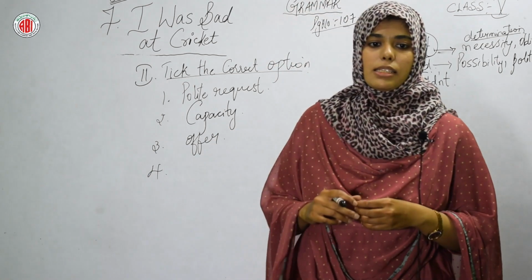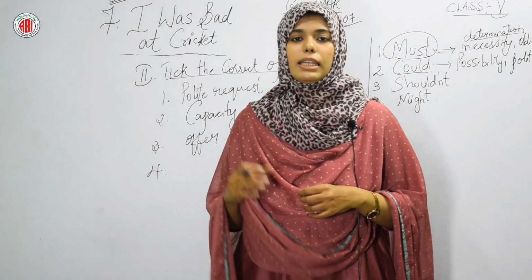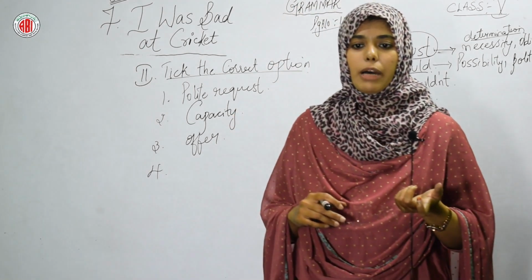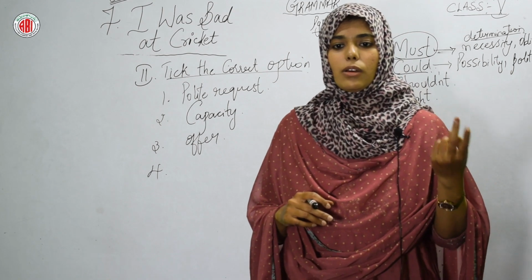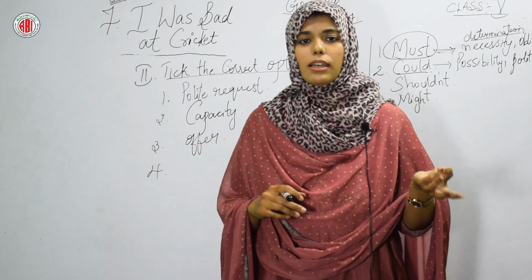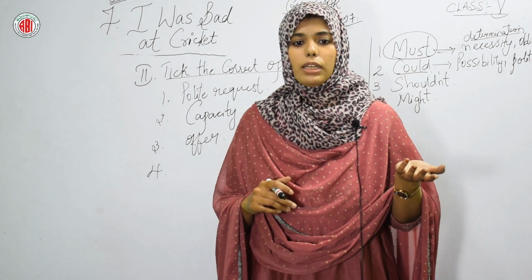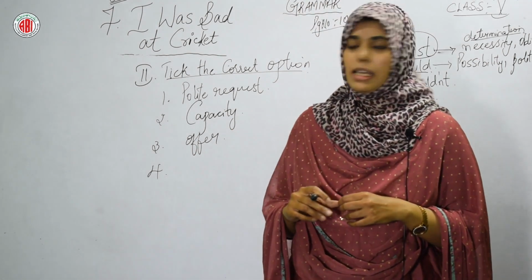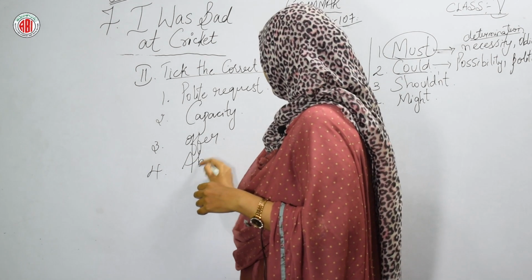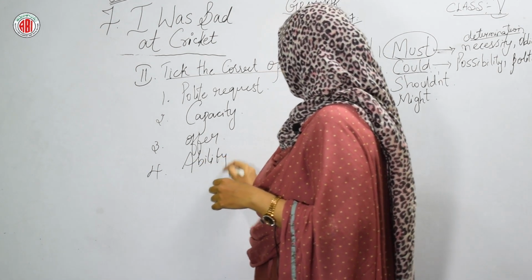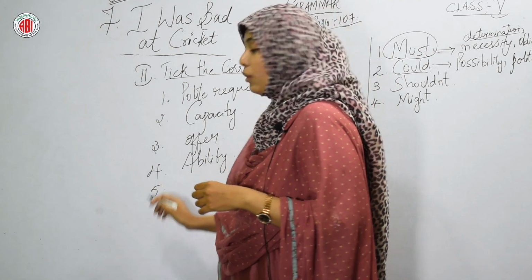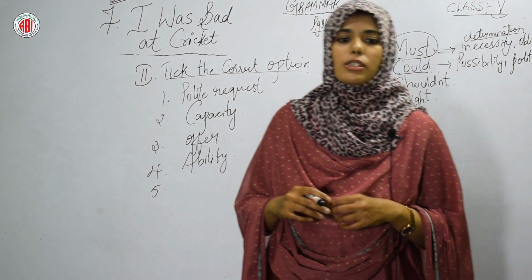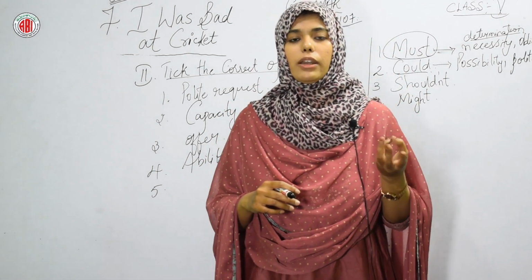Fourth one is: we shall visit Hyderabad next week. This sentence is expressing ability, permission or futurity. Fifth and last one is: we must do this now, and the options are obligation, futurity, request.